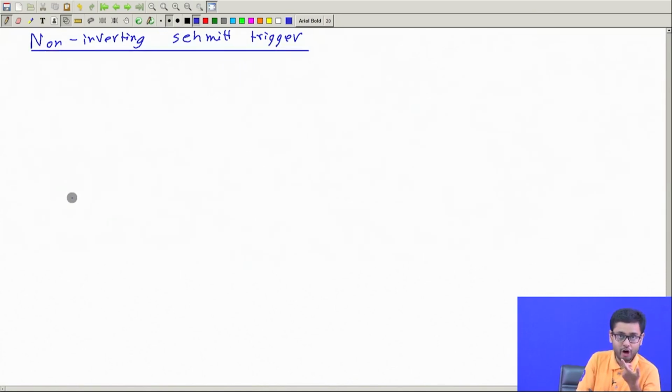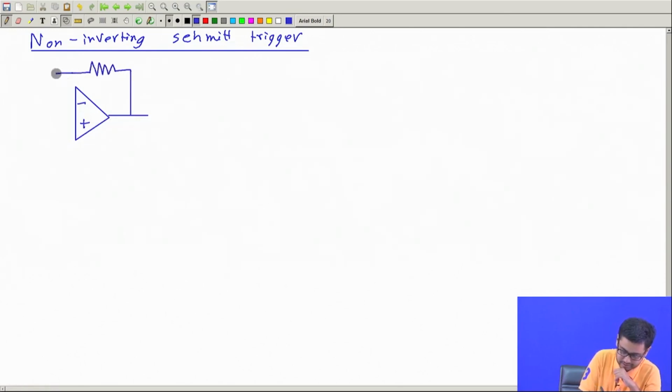We have to start from an inverting amplifier and change the plus minus sign. Okay. So we will start, say, from an inverting amplifier, minus plus, give a negative feedback, this is R2, R1, I ground it, this is the input. This is inverting amplifier.